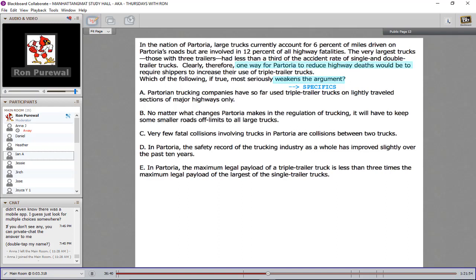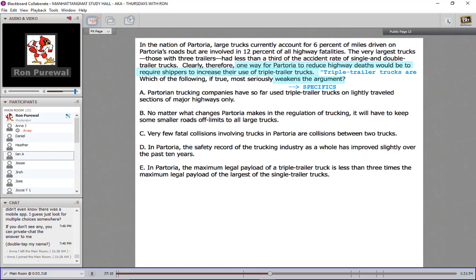The point is this: one way to reduce highway deaths is to require shippers to increase the use of triple trailer trucks. What they're saying, in other words, is that trucks with 3 trailers, triple trailer trucks, are extra safe.